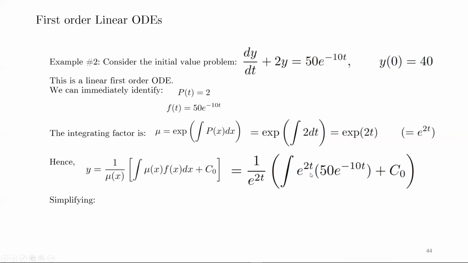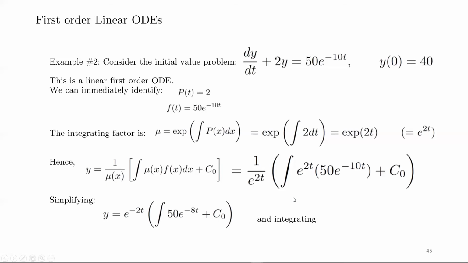Okay, and I can obviously simplify this equation because I can add the arguments of these exponentials. So e to the 2t times e to the negative 10t is going to be, well, 2 plus negative 10 is negative 8. So I'm going to get e to the negative 8t. I've also simplified the factor out front here. 1 over e to the 2t is simply e to the negative 2t. So that e to the negative 2t times this integral of 50 e to the negative 8t dt, which again is missing, sorry, plus some integration constant.